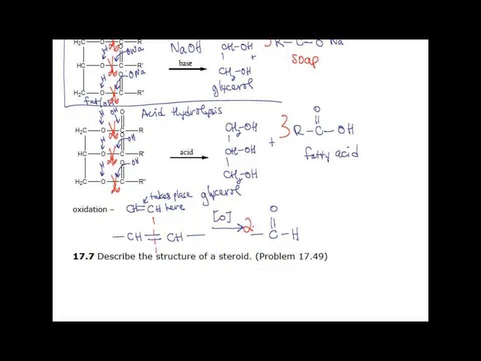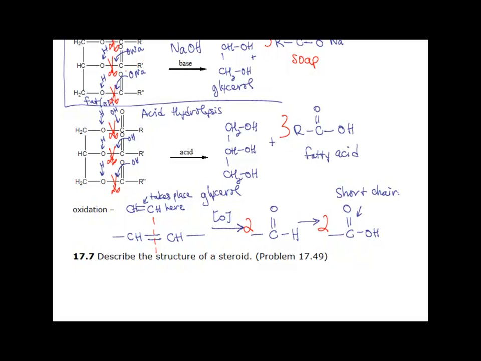Now aldehydes can be oxidized further. Great practice. What can they be oxidized further to? This is unit 4. They can be oxidized further to carboxylic acids. You get 2 of those as well. Now, by the time you get to the carboxylic acid point, this is going to be a short chain.